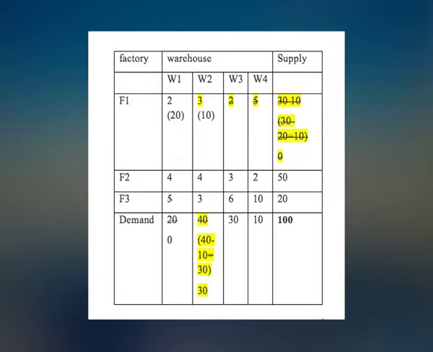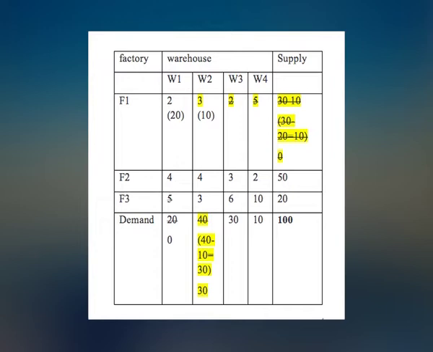In the third step, we will again apply the northwest corner rule. Since the W1 column is already cancelled because of the 0 value in the demand column, the new northwest corner is the cell corresponding to F1 W2. Again, we will compare demand and supply.